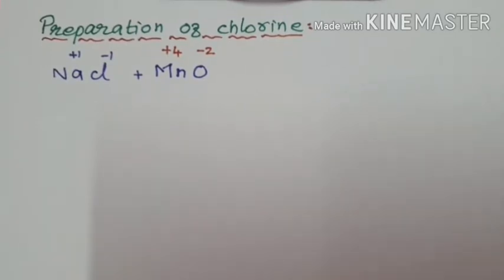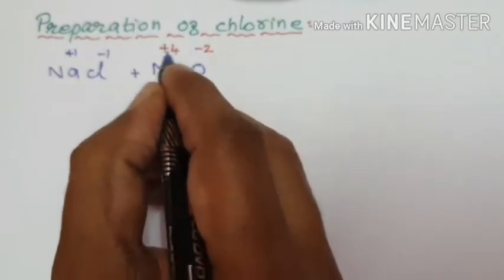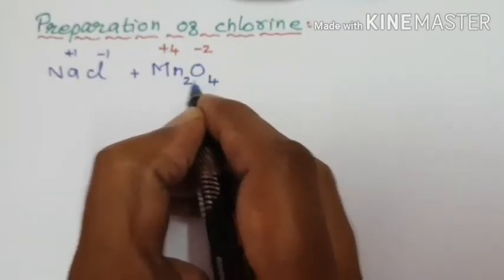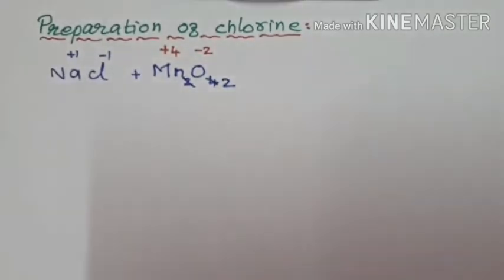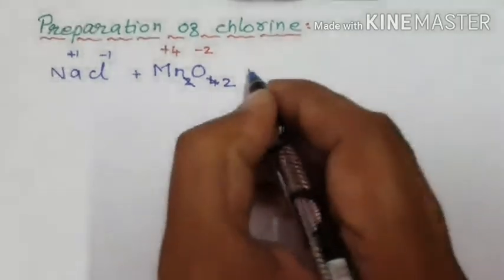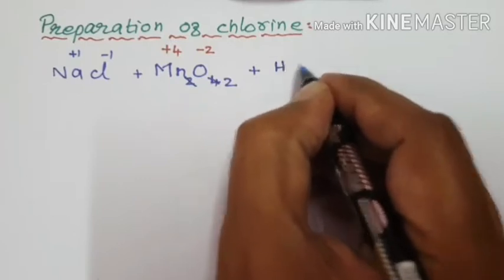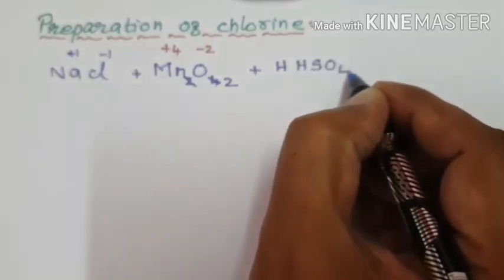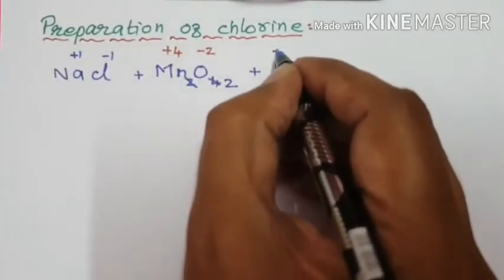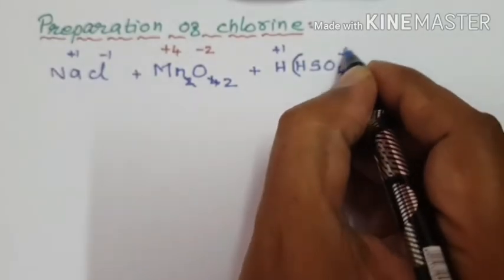So when you write the valencies, we get 2 for oxygen and 4 for manganese, and 2 and 4 get cancelled. Therefore, the molecular formula is MnO2, when treated with concentrated sulphuric acid, H2SO4. H is monopositive and it gives the bisulfate ion, HSO4 minus ion.